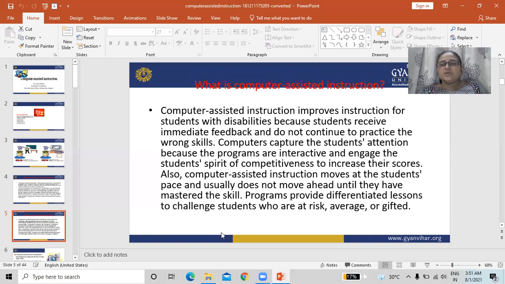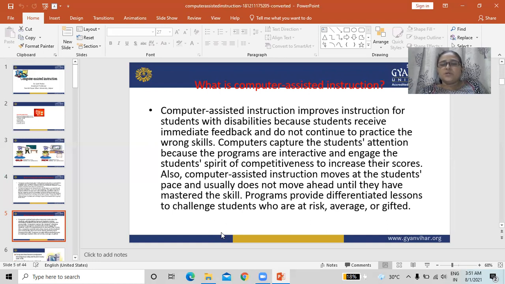Computers capture the student's attention because the programs are interactive and engage the student's spirit of competition to increase their score.